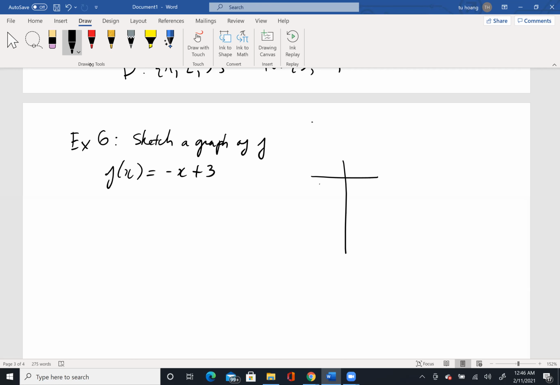So first step, make a t-table for the values of x and y, where y equal to f of x.